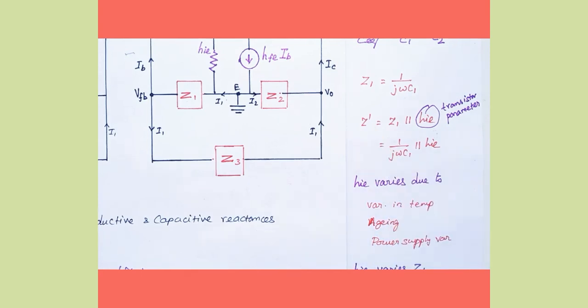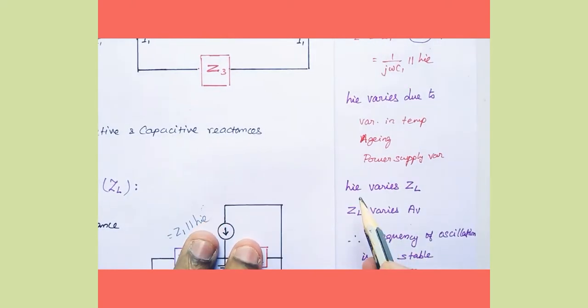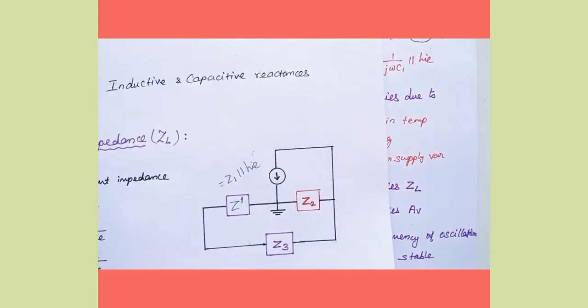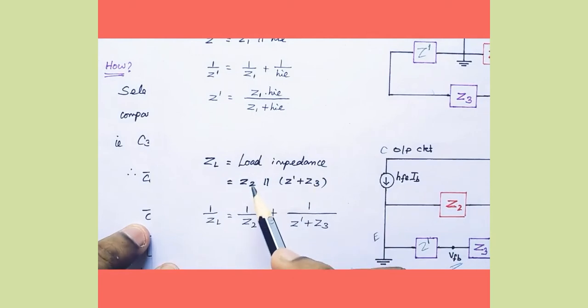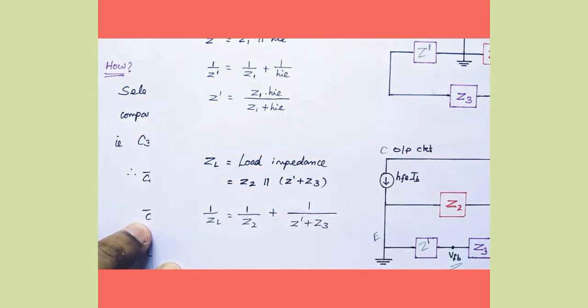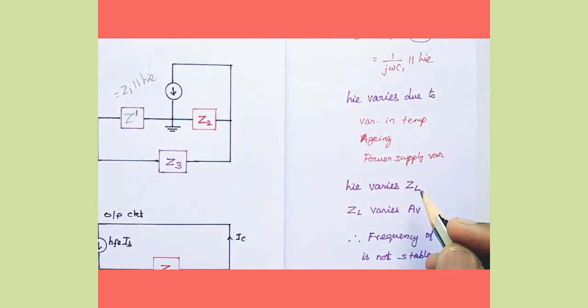Okay, right. Why do we have this concern here is, Hie varies. If Hie varies, then ZL also varies, because we know that ZL is the parallel combination of Z2 and the series combination of Z dash plus Z3. Now due to the temperature variation or some transistor parameter variations, Z dash will be affected, hence ZL is also affected. If Hie varies, then ZL also varies.